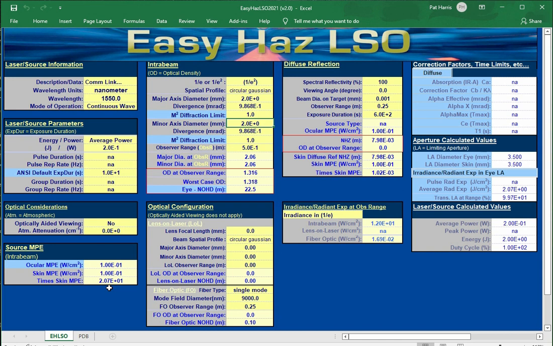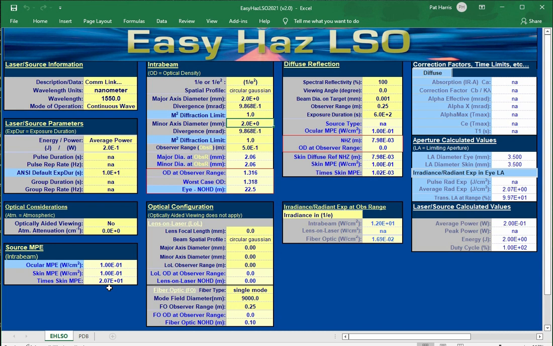But it's certainly not life-threatening, or something like a 10-watt visible beam, which is clearly a hazard. In this case we are above 1. It is a bit of a skin hazard, but not something that we would be terribly concerned with.